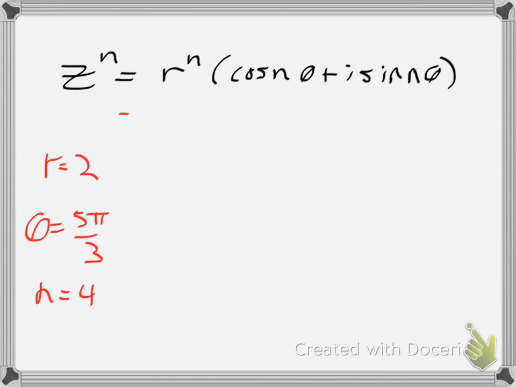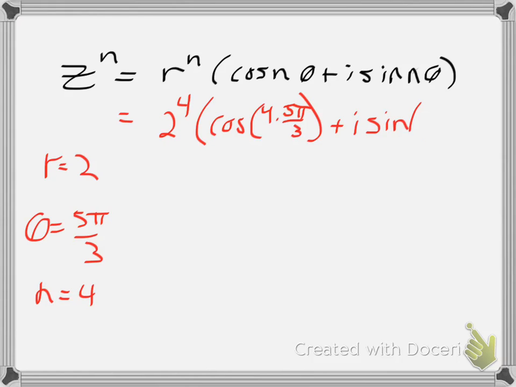So I'll have 2 to the fourth power times cosine of 4 times 5 pi over 3 plus i sine of 4 times 5 pi over 3. I can simplify inside here. Of course, 2 to the fourth gives me 16. I think of this 4 as 4 over 1.